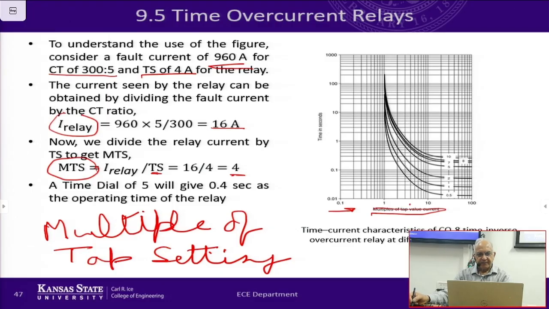Right here is 4, and this is a log scale graph. This one is log scale. This is also log scale. We use log scale to define these characteristics because you have to compress a lot of data in a small space.